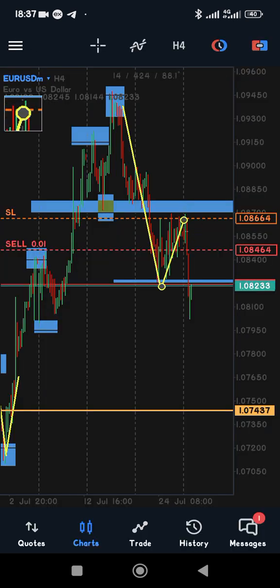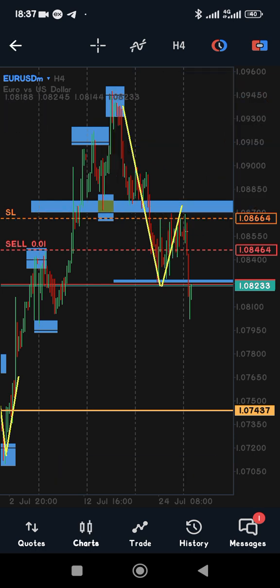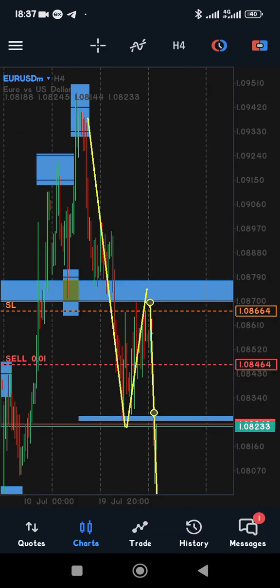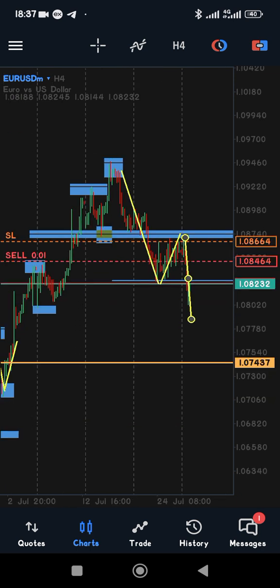Came back to retest this level and begin to come down. So the market has changed from uptrend to a downtrend. You understand what I'm trying to talk about?